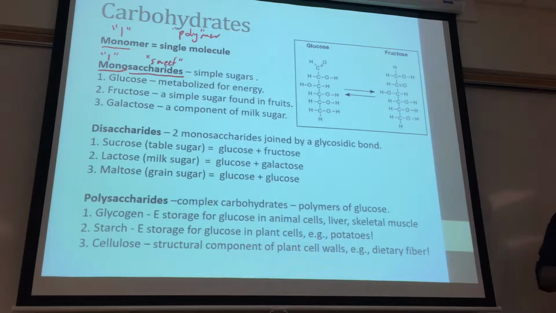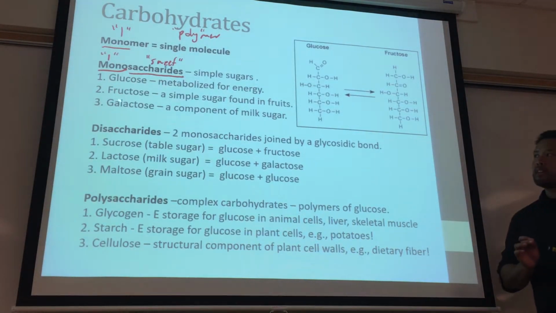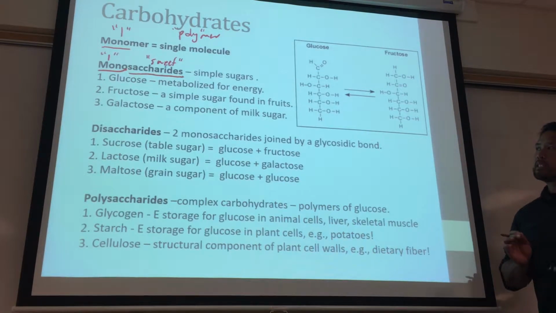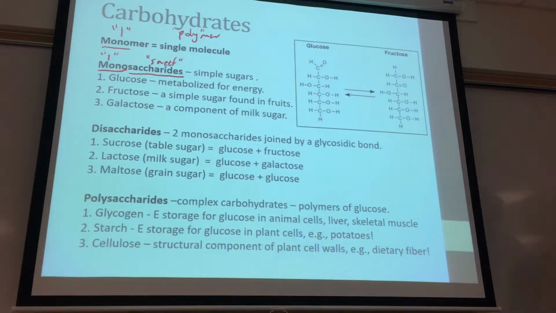Glucose, of which you may have heard, is something that we use as a readily formed energy source. Fructose is a simple sugar that's found in fruits. Have you ever heard of high fructose corn syrup? That's a bunch of fructose all crammed together. If you were to taste glucose, it has a sweetness to it. But fructose, at the same weight, is much, much sweeter.